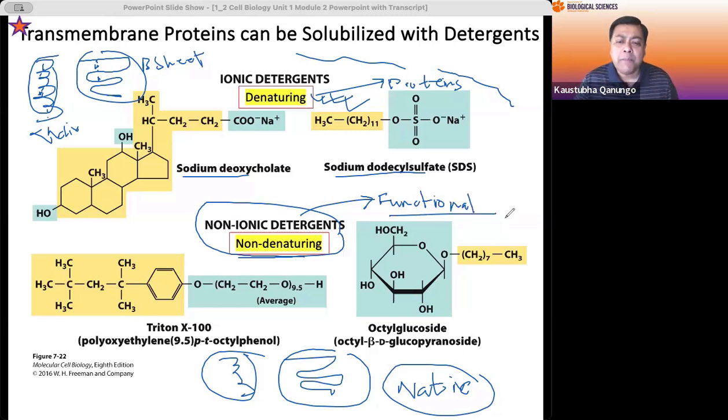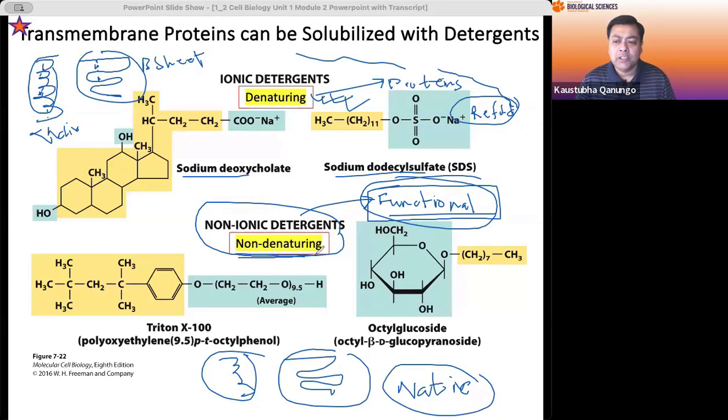Now, in some cases, after you denature the proteins, you can refold them back in a refolding buffer. In some cases that is a possibility, but it is not always successful, whereas this is always a safe process to extract proteins in the functional or non-denaturing form.